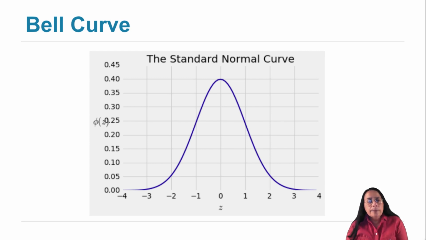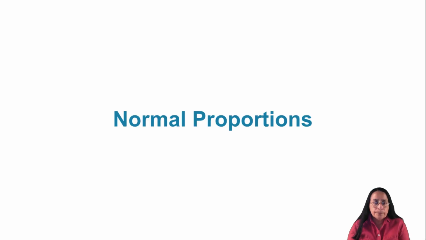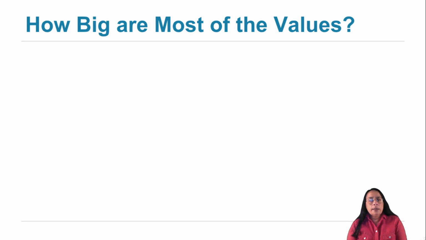And why this particular curve as an ideal? Well, it occurs quite a lot, and it occurs quite a lot in various probabilistic settings that we'll talk about in just a moment. For now, let's see what proportions are in different ranges.